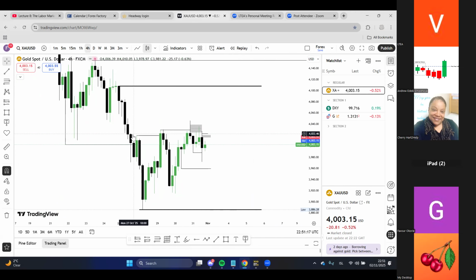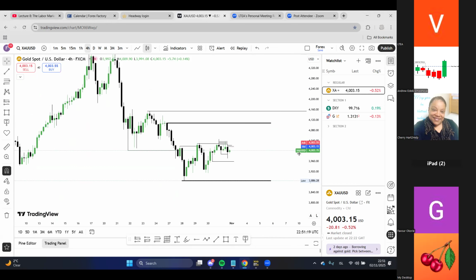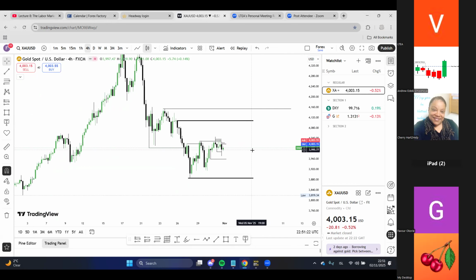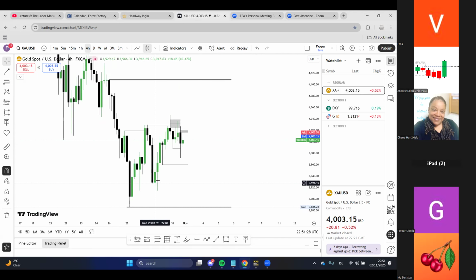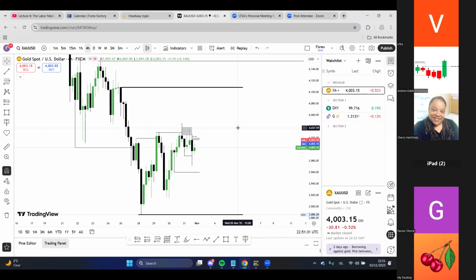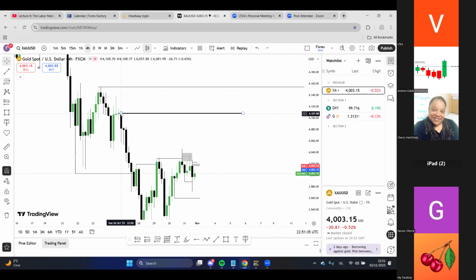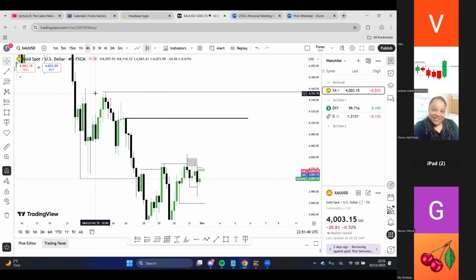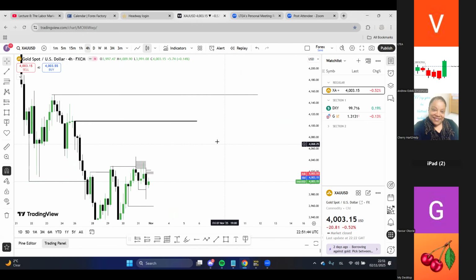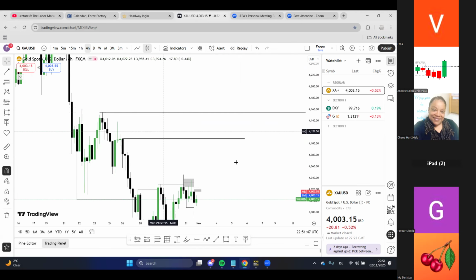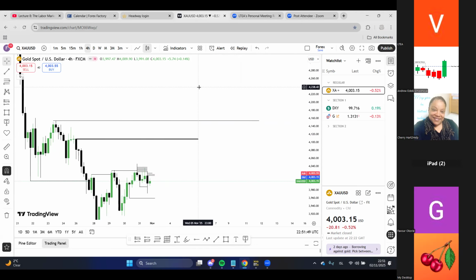Why? Because price is bullish, but still inside our daily bearish structure. Price is bullish in this 4 hour structure, which means price is pulling back to some kind of area of liquidity. It could be this previous week high that price is now coming for, or this overall high, before selling, or disrespecting this overall high, telling us that price is now bullish.